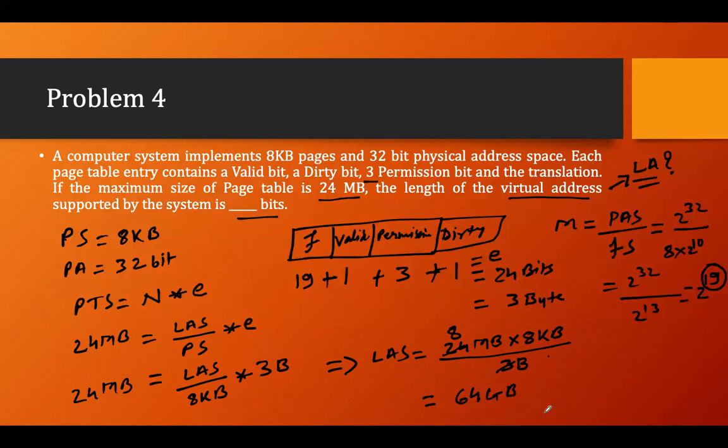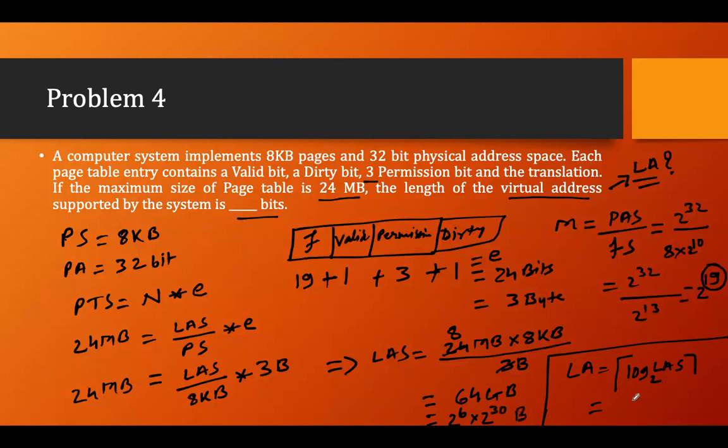Now how will we find out the logical address? It will be the upper bound of log 2 of the logical address space. So what is the logical address space here? It is 64, which means 2 to the power of 6 into 2 to the power of 30 bytes.